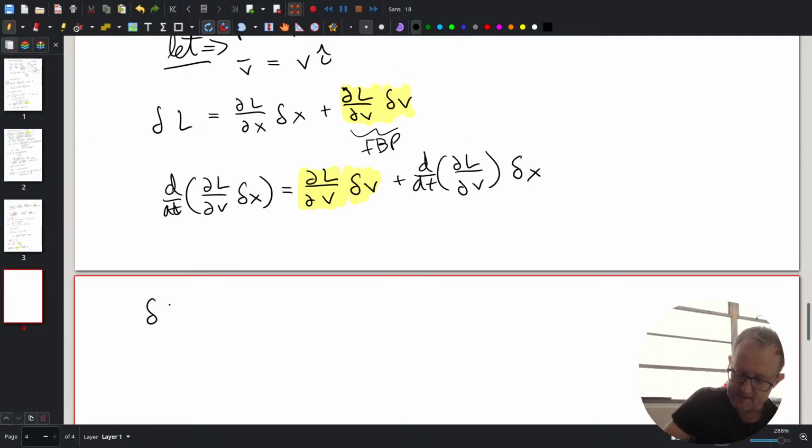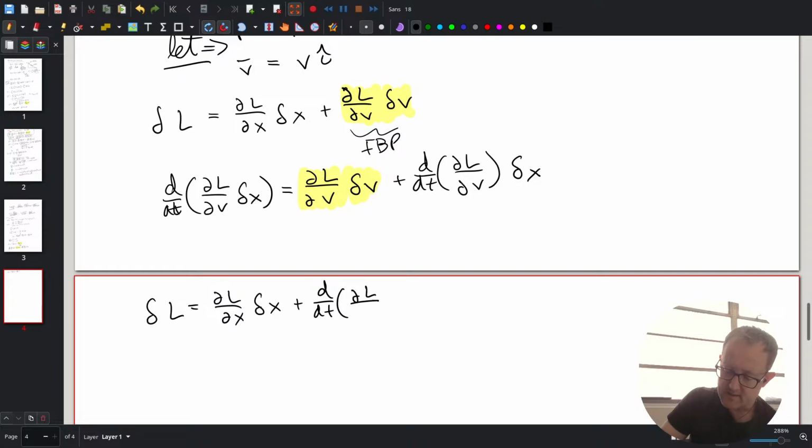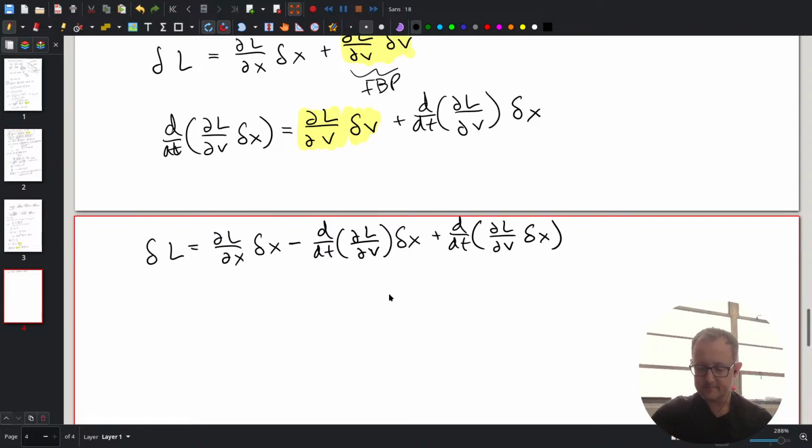So now I can say delta L is dL/dx delta x plus, well, let's put this other term first, d/dt of dL/dv times delta x. And really, that one's a minus, right? A minus d/dt of dL/dv times that delta x.